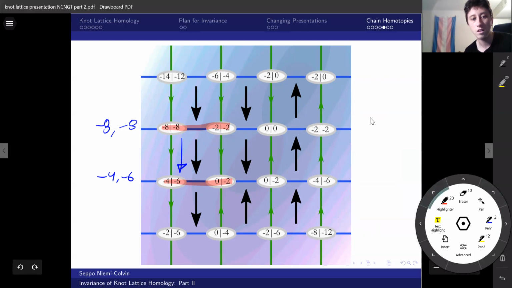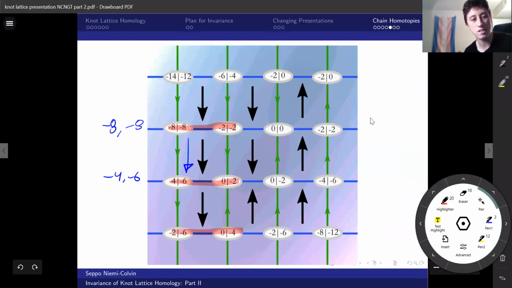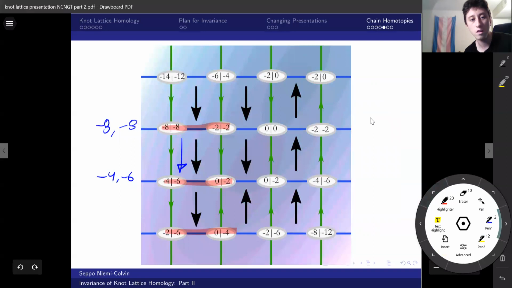Furthermore, here we had a -6 to start with. Now we have a -2 and 0 and -2. So what we didn't know before, now we see that -2 is bigger than -4, so it should be going down. And that is enough for the proof of invariance in general.